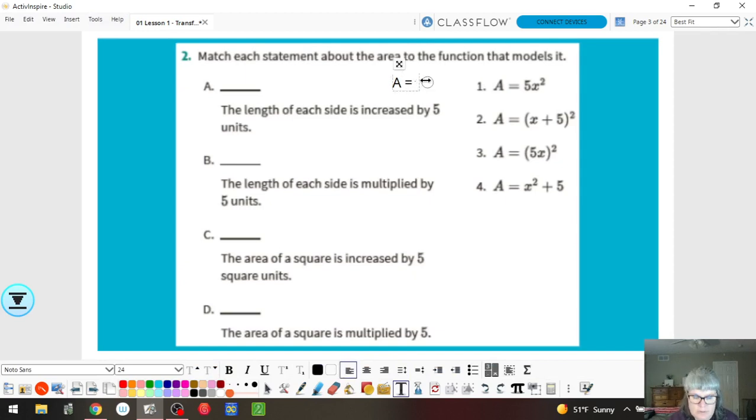Area equals x squared is what we are working with.